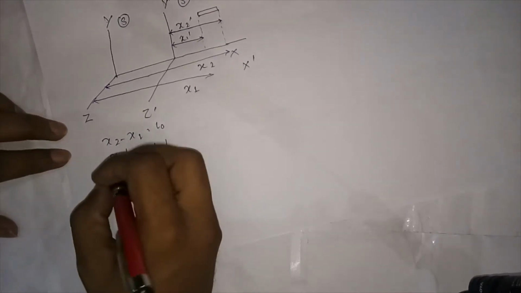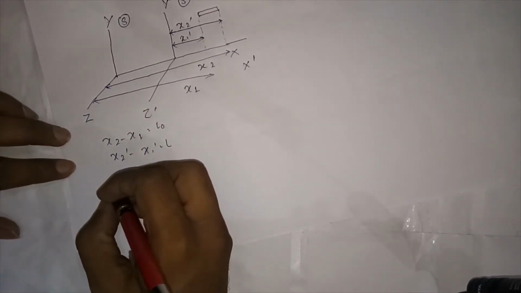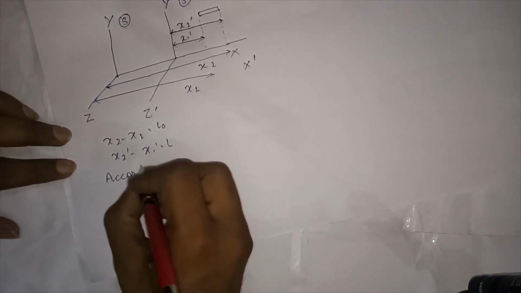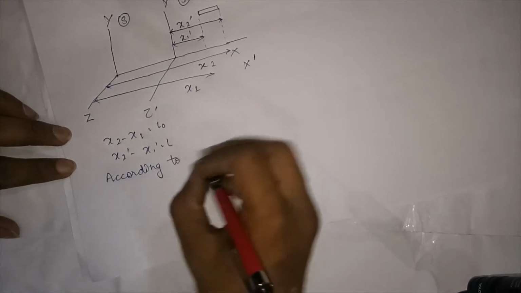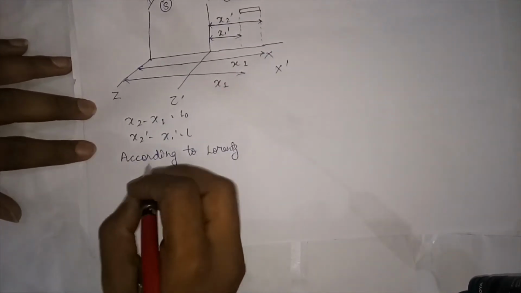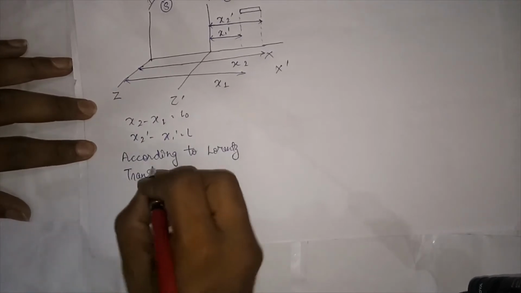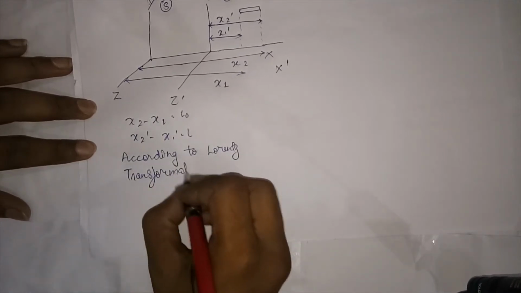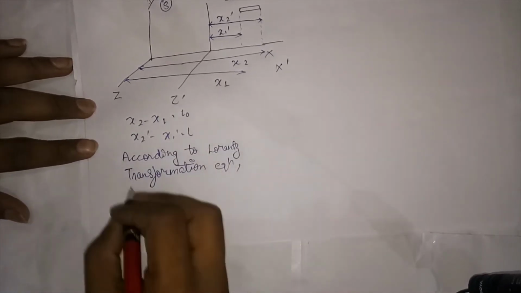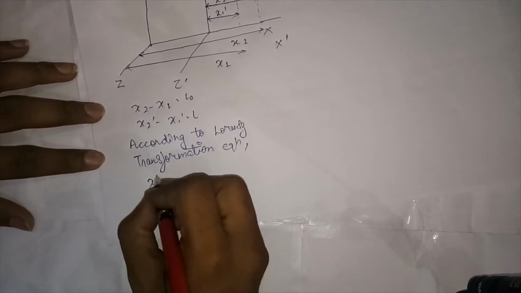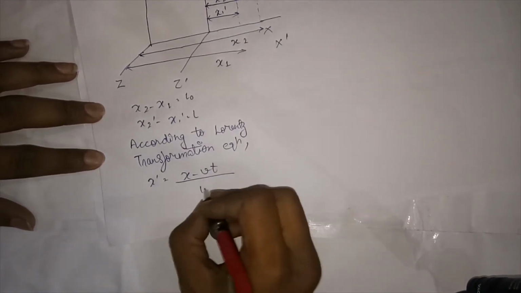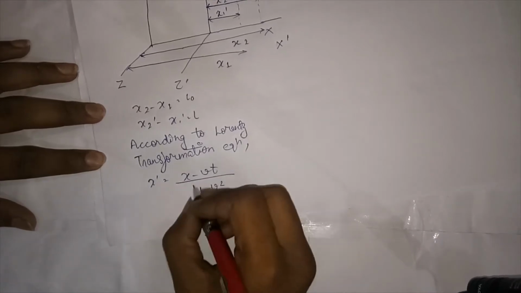Now in our last video we derived the Lorentz transformation equations, and according to the Lorentz transformation equation, x dash equal to x minus vt upon under root 1 minus v square upon c square.